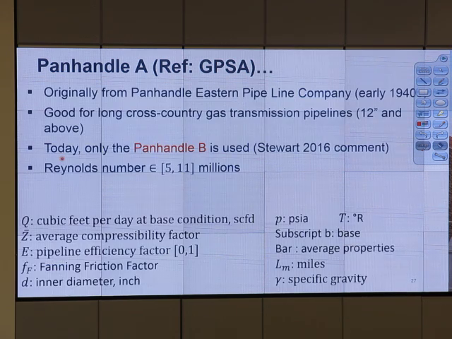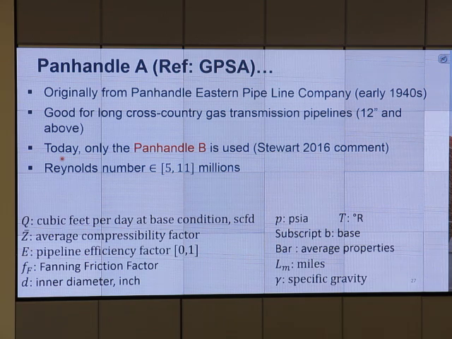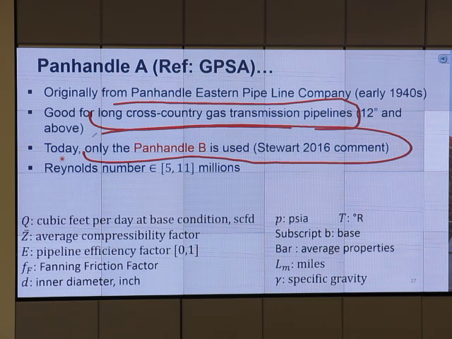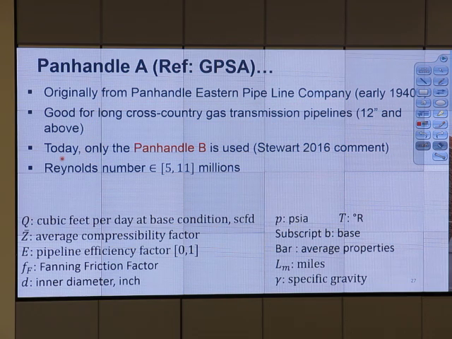That's Panhandle A, originally from Panhandle Eastern Pipeline Company in the early 1940s, good for long cross-country gas transmission pipeline. Today, only Panhandle B is used. That's a comment from Stewart.